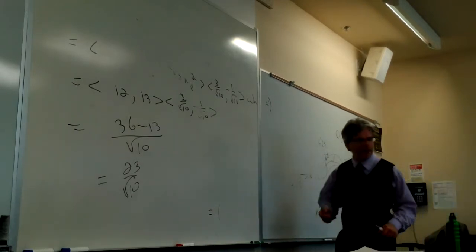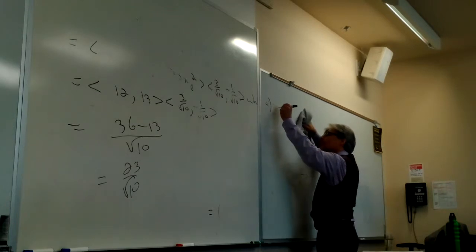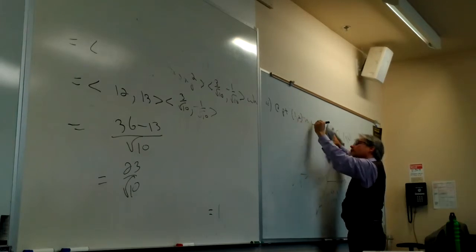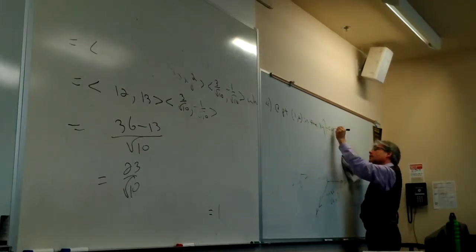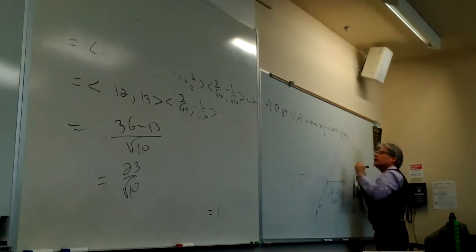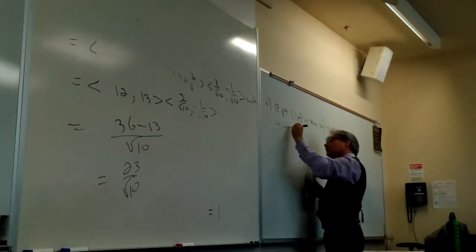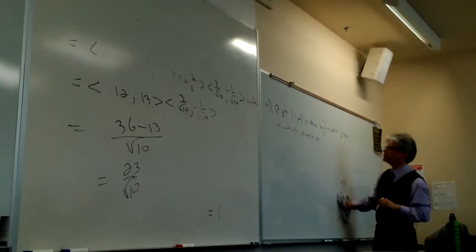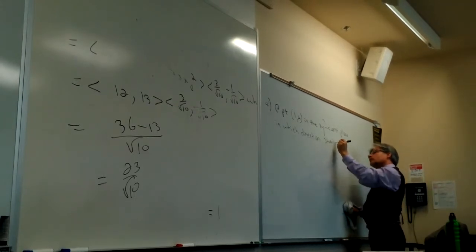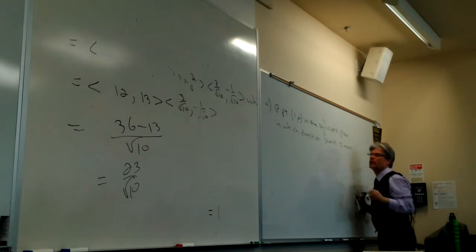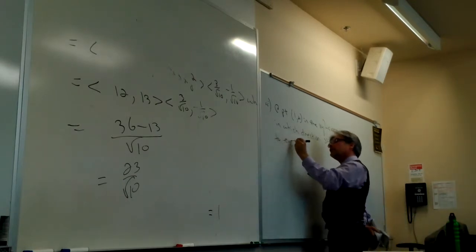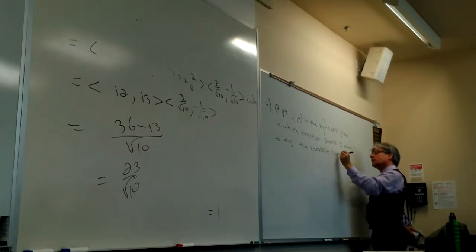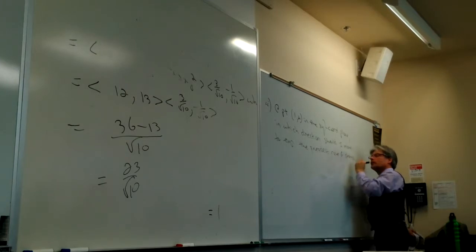What about my modifying or extending my question? At the point 1, 2 in the xy coordinate plane, in which direction should I move to experience the greatest rate of change for z?